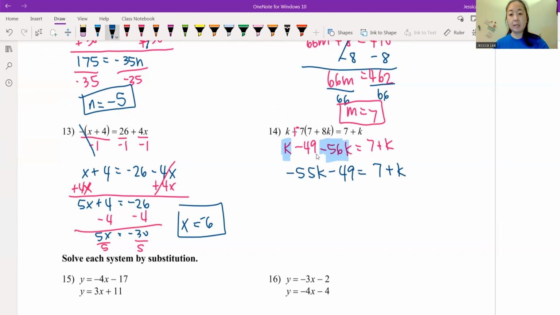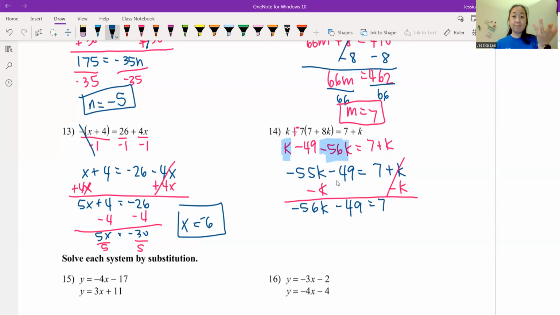Let's get rid of the k over here, so I'm going to go minus k. I like to do the k's first and get the k's together, and then do the regular numbers, the constants, second. So I go -56k minus 49 is equal to 7.